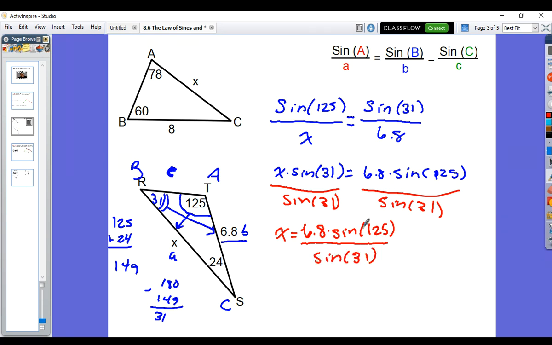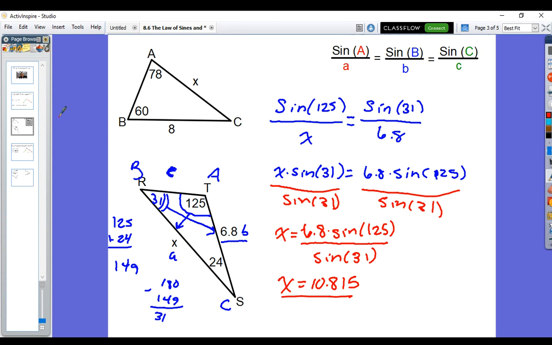If you put this correctly in the calculator, I'm going to put that in mine: 6.8 times sine of 125, and then divide by the sine of 31, you should get 10.815. X, in this case the unknown side, equals 10.815.